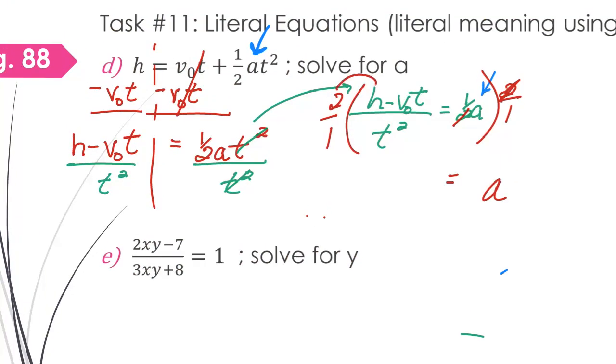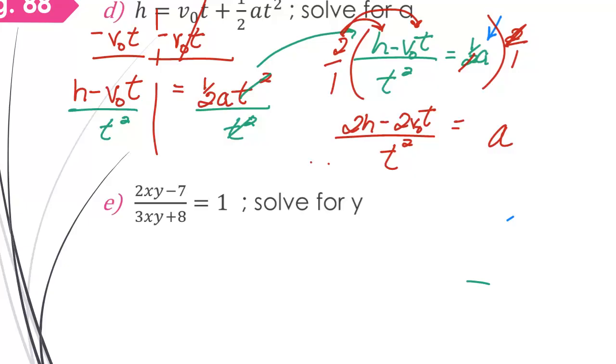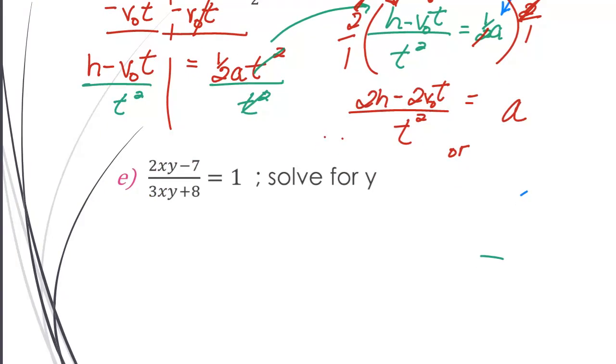okay, we could distribute this, and so this would be 2h minus 2v naught t all divided by t squared. That's one way to write it. Or if you wanted to put the t squared underneath each term separately, it would be 2h divided by t squared minus 2v naught.